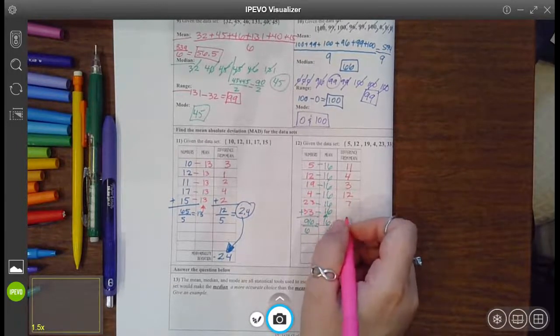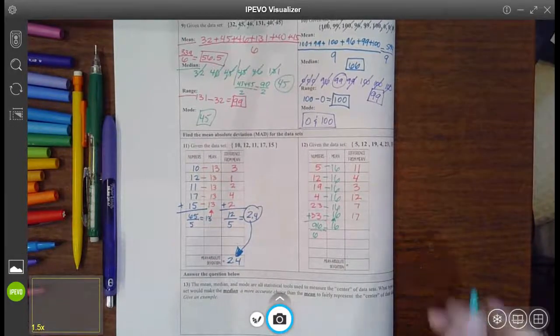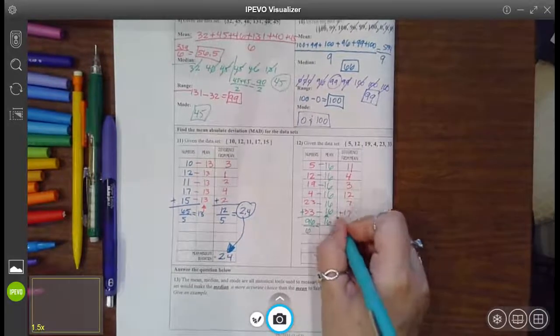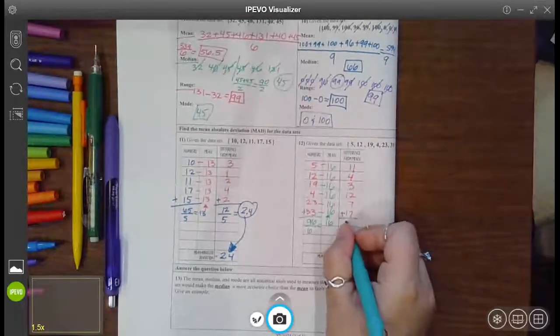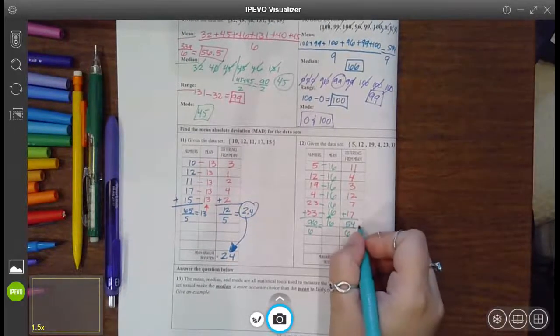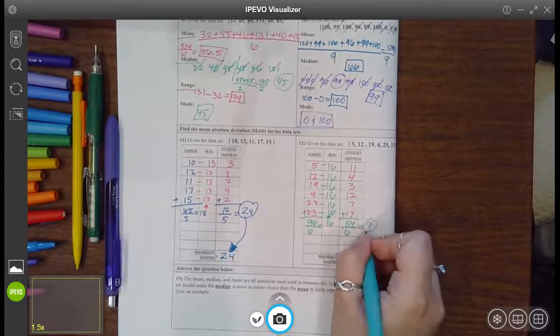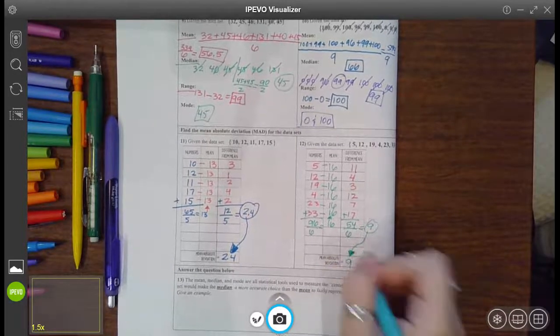And 33 minus 16 is 17. Okay, so we have all of our distances. So now find the mean of those. Add them all together. You get 54 divided by how many there were, 6, and 54 divided by 6 is 9. So your mean absolute deviation was 9.